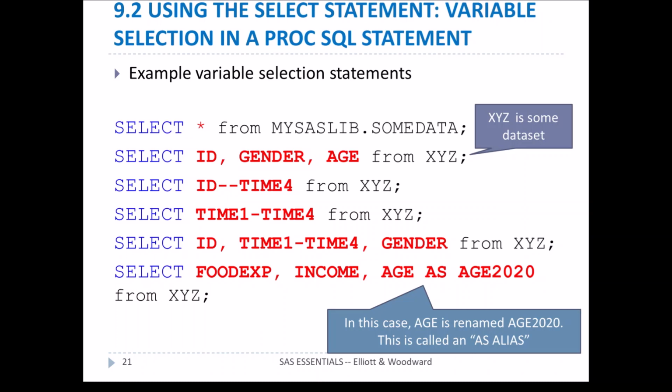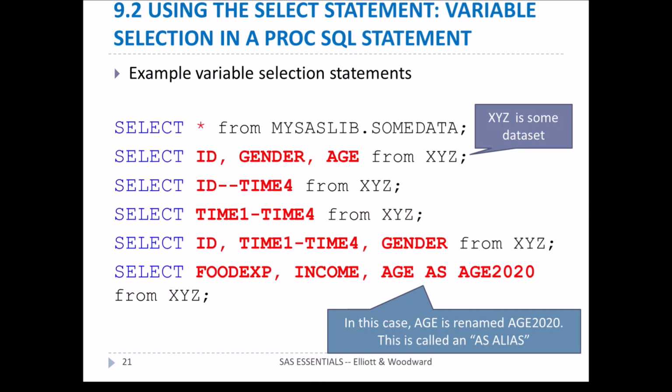We can use the double dash like we did in the procs or in the data step, where that just means all the variables between ID and time 4. Or if they're in sequential order, we can use a single dash, time 1 dash time 4. We can combine those: ID, comma, time 1 through time 4, and gender. Notice they're all separated by commas. And then the last one, food expense, income, and then notice the last one, age as age 2020.